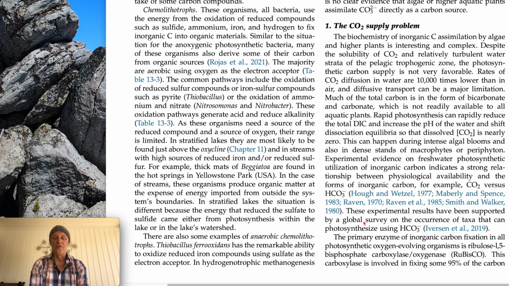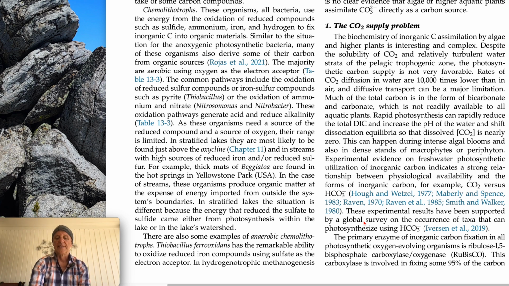Experimental evidence on freshwater photosynthetic utilization of inorganic carbon indicates a strong relationship between physiological availability and the forms of inorganic carbon, for example, CO2 versus bicarbonate. These experimental results have been supported by a global survey on the occurrence of taxa that can photosynthesize using bicarbonate. The primary enzyme of inorganic carbon fixation in all photosynthetic oxygen-evolving organisms is ribulose 1,5-bisphosphate carboxylase oxygenase, or Rubisco.